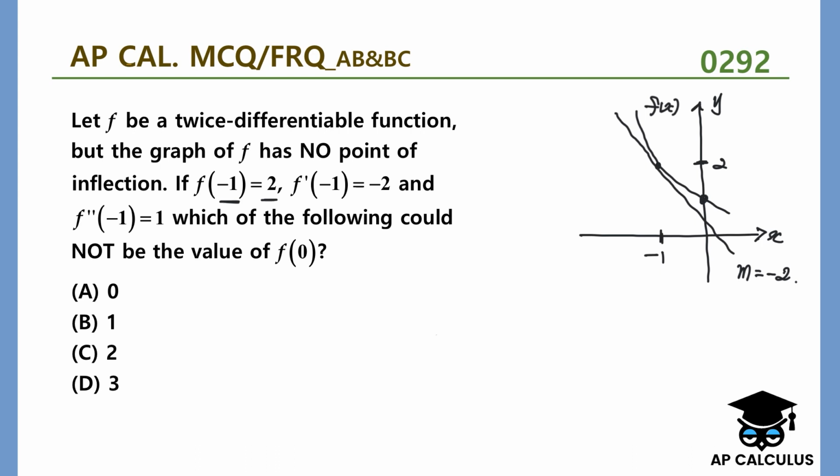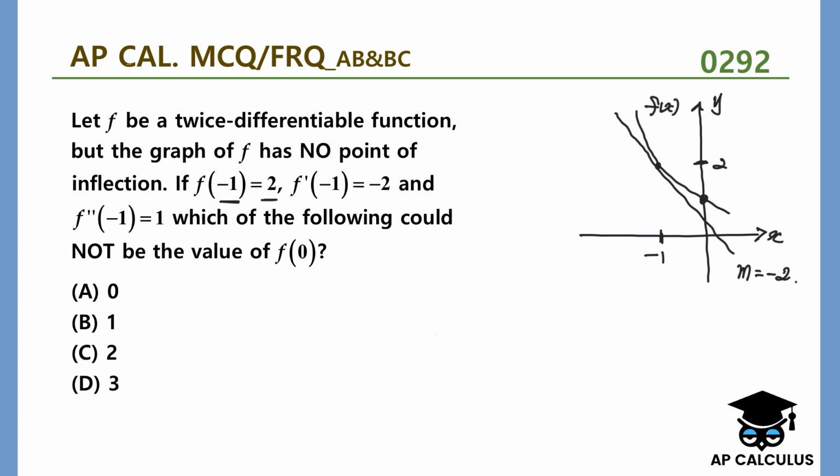When we use the tangent line, this tangent line value has to be less than the function value, right? Well, reverse, this function value when x is equal to 0 must be greater than this value, right? Does that make sense? So let's find the equation of this tangent line.